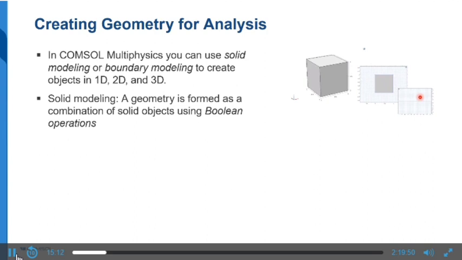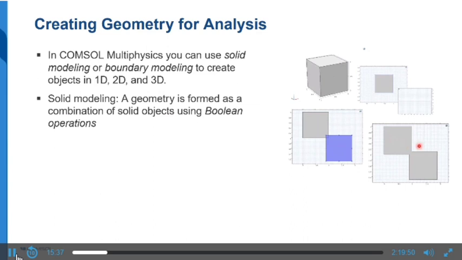Now, solid modeling is a geometry which is formed as a combination of solid objects using Boolean operations. So what do we mean by that? When you are working in 2D, let's say you have created two surfaces, and those two surfaces are nothing but solid objects. When you use different Boolean operations on them, you will have a resultant solid object.